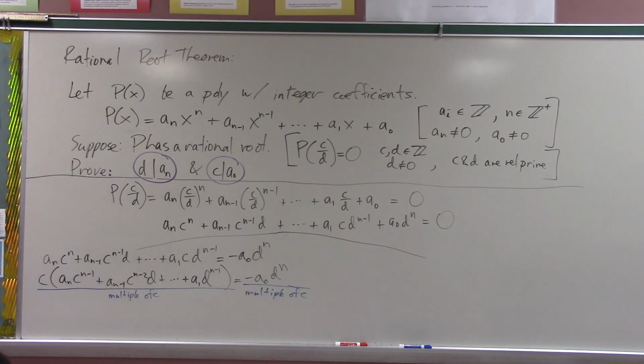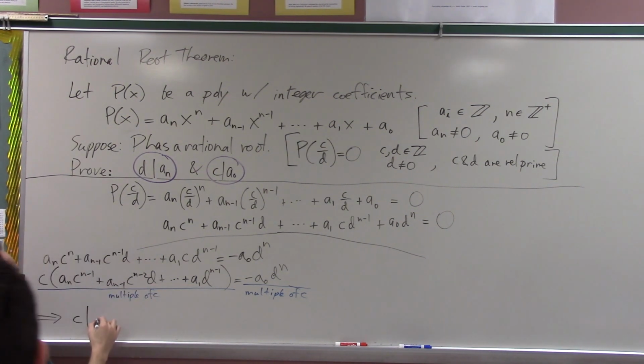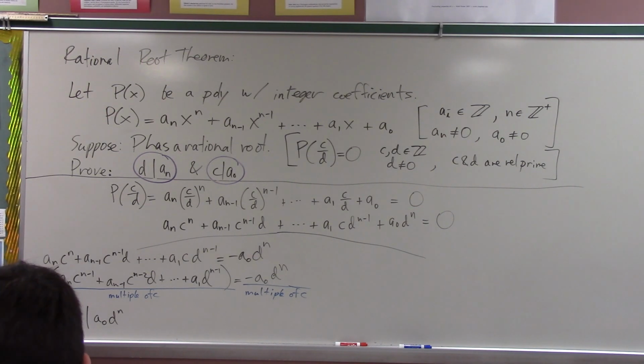I showed that the left-hand side is C times something, so if that whole left-hand side is a multiple of C, then the right-hand side is also a multiple of C. But if that right-hand side is a multiple of C, then my conclusion is that C must go evenly into A sub 0 D to the N. But C and D have no factors in common.